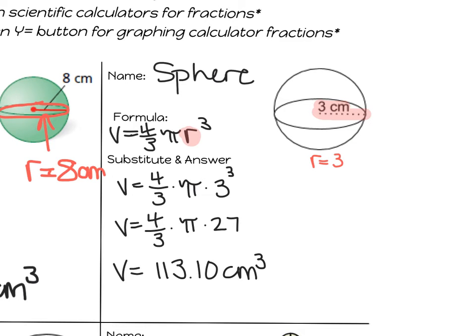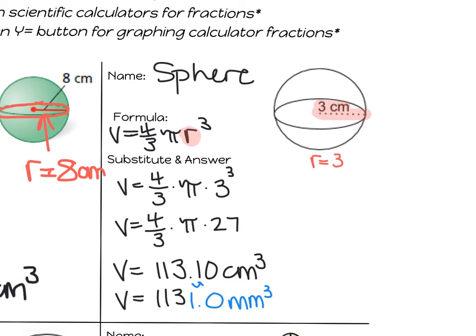Now remember, there's 10 millimeters in 1 centimeter, so if we wanted to write this in millimeters, we would have to move the decimal spot to the right once, and we would get 1,131.0 millimeters cubed.